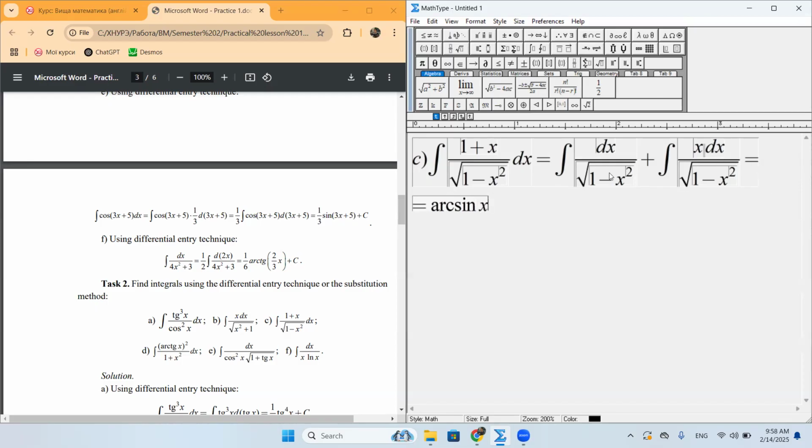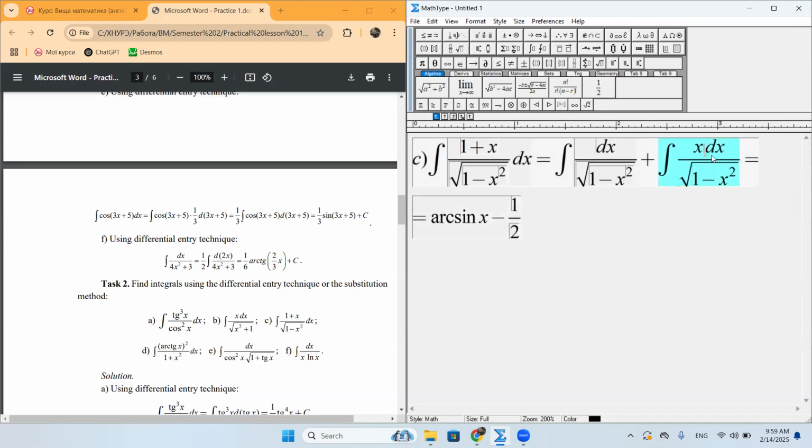And what about this integral? So again, a differential entry technique. In the numerator, we see something similar to the differential of the expression under the square root. Why similar?